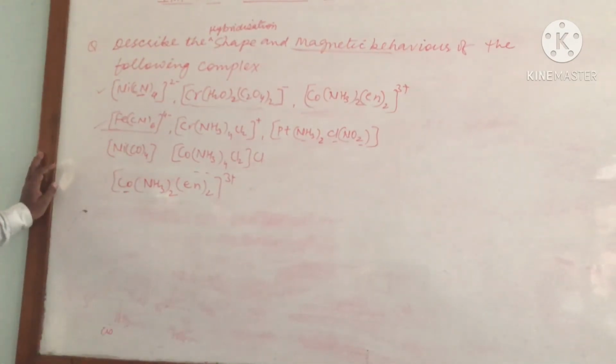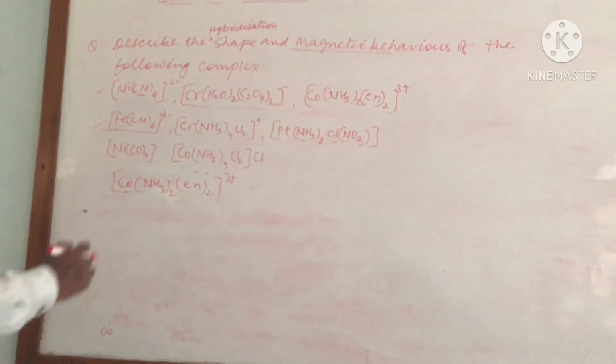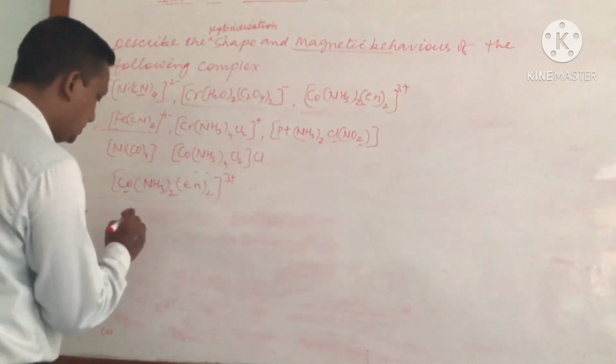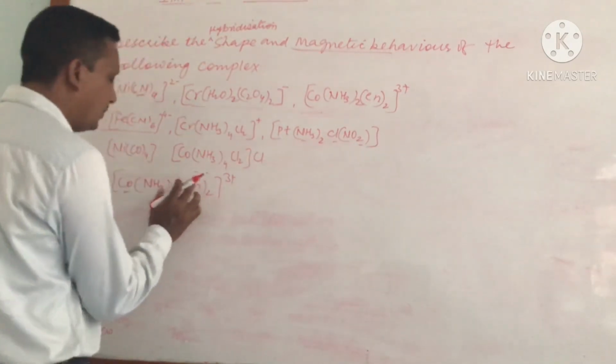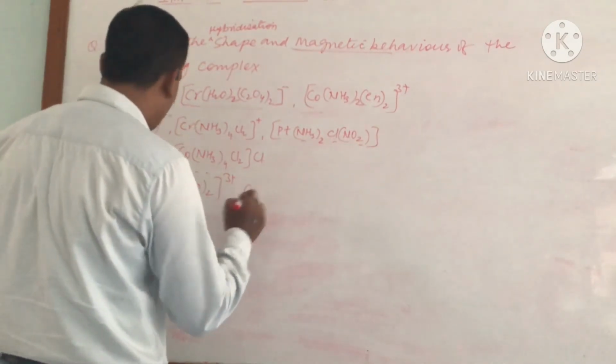The last molecule we are taking for this question is [Co(NH3)2(en)2]3+. In this complex the central metal would be cobalt.